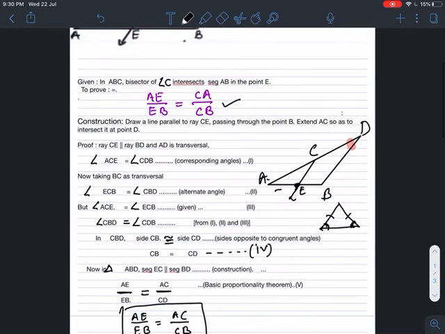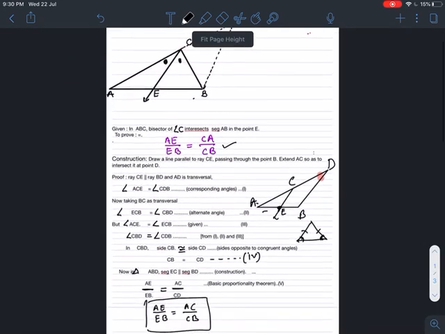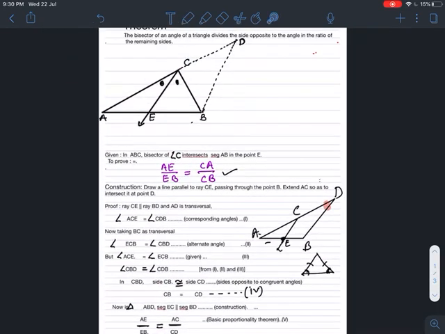So once again I will explain. In this figure, this is the bisector of angle C. So it divides the opposite side of angle C in two parts. The ratio, AE upon EB, is equal to the ratio of the remaining two sides, AC upon CB. For that we have to make a construction: draw this line parallel to this, and extend AC.